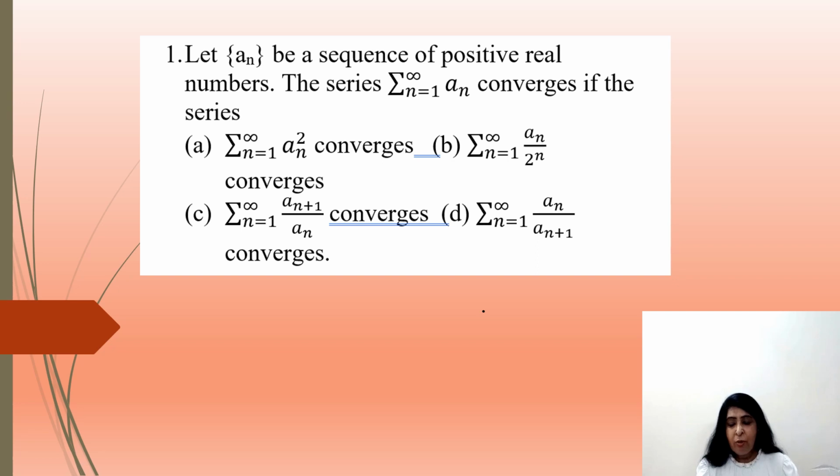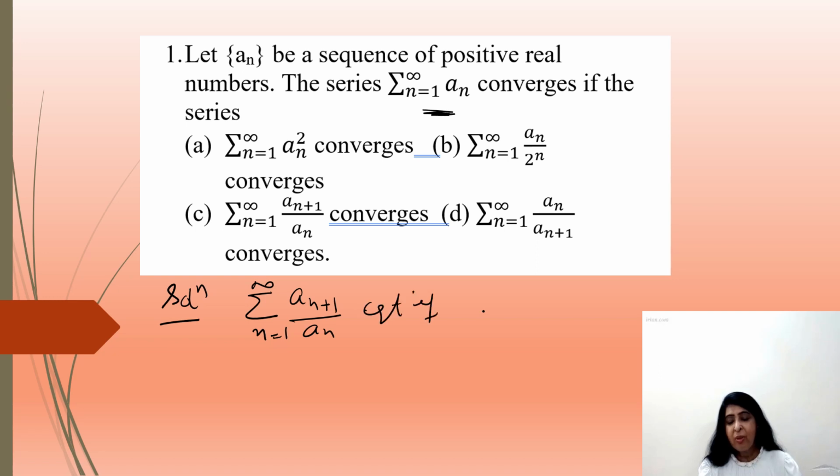Now what is given to us? This series converges if and only if one of the series is convergent. Now we know that this series, sigma n varies from 1 to infinity An plus 1 upon An, converges if the limit of An plus 1 upon An as n approaches infinity is equal to 0.